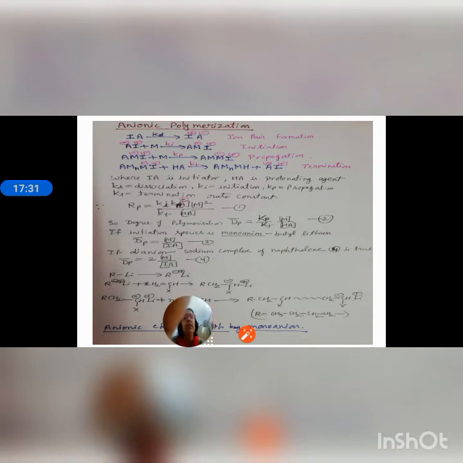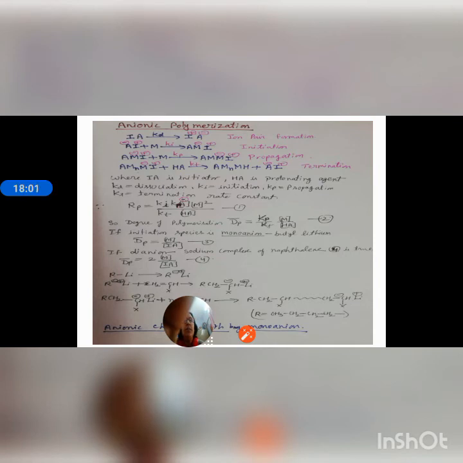This is the initiation step. After that, monomer attacks and forms AMMBH. This thus formed combines with the protonating acid HA and forms AMMH plus AB, the termination step.